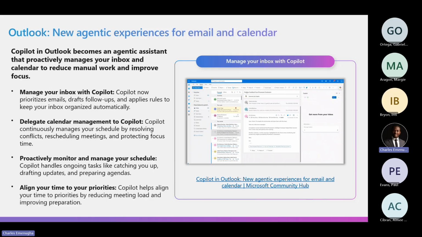All you just have to do is tell Copilot what you need, and it works through those steps, showing what it is doing along the way so that you can review, adjust, and also step in whenever you choose. This is part of the Frontier program and started rolling out as of 27th of April.